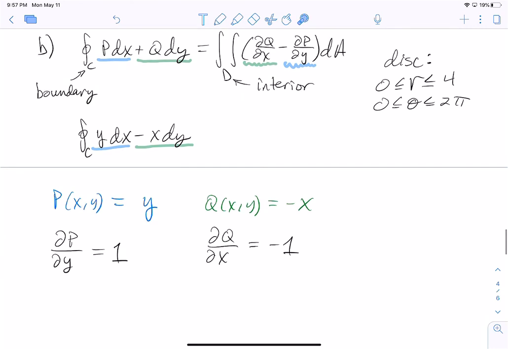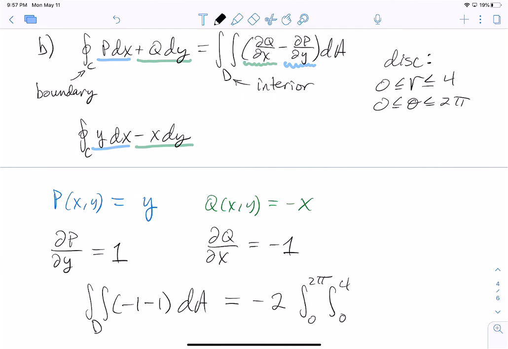So the integral that matches the right-hand side of Green's theorem is the double integral over D of negative 1 minus 1 times dA. And for our purposes, we can factor out that negative 2, and then we have a double integral, and our region D is defined by this disk, where r goes from 0 to 4, theta goes from 0 to 2 pi, and we already know that dA is equal to r dr d theta.